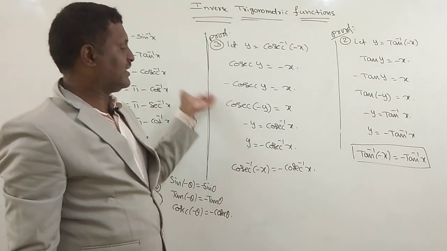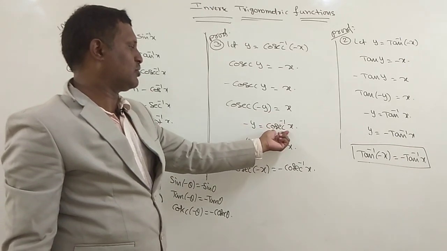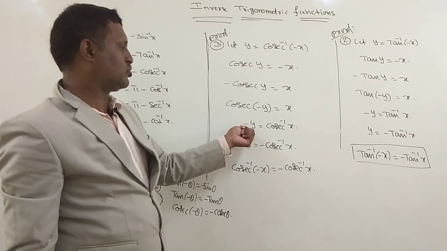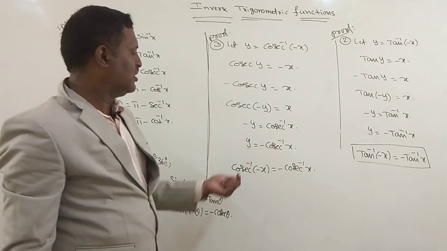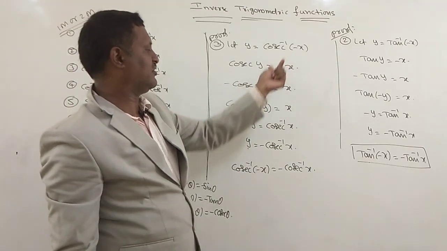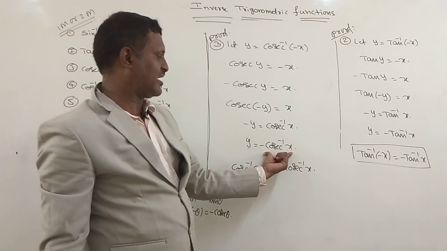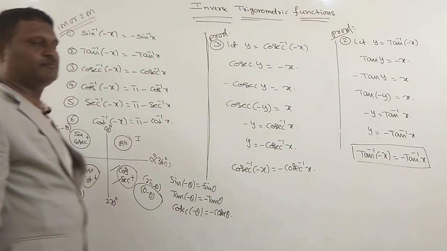Now this cosecant, take to the other side, it becomes cosecant inverse x. Minus y is equal to cosecant inverse x. Now multiply by minus sign, y is equal to minus cosecant inverse x. So what is y actually? Cosecant inverse of minus x. So cosecant inverse of minus x is equal to minus cosecant inverse x. Yes, take it down till now.